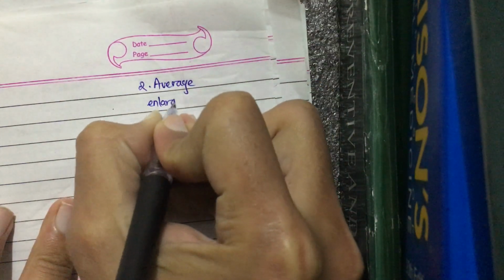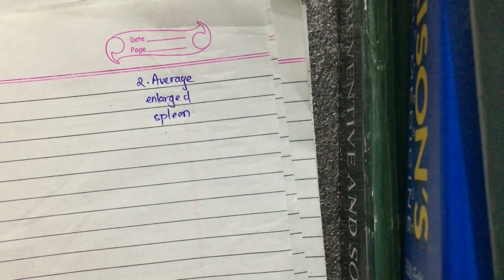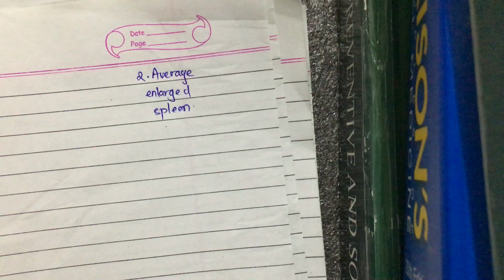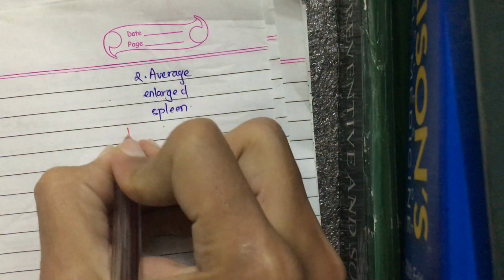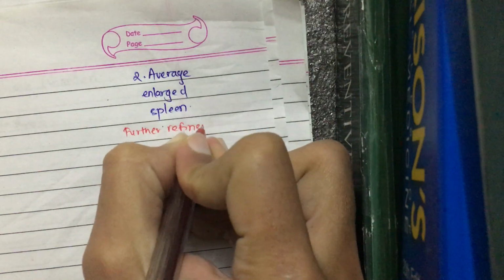Second is the average enlarged spleen. It is a further refinement of the spleen rate.